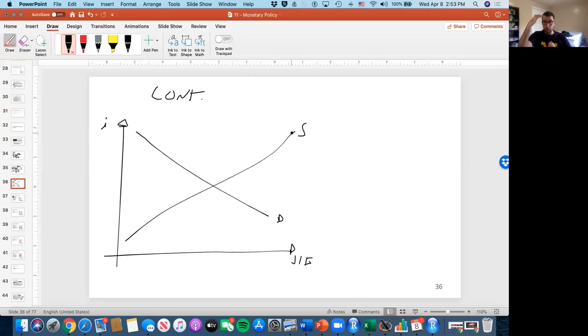The level of reserves of the bank is going to decrease. By decreasing, what the bank is going to do is decrease the amount of loans to compensate the loss of the reserves. When the amount of loans decreases, the supply of loanable funds moves to the left, right?